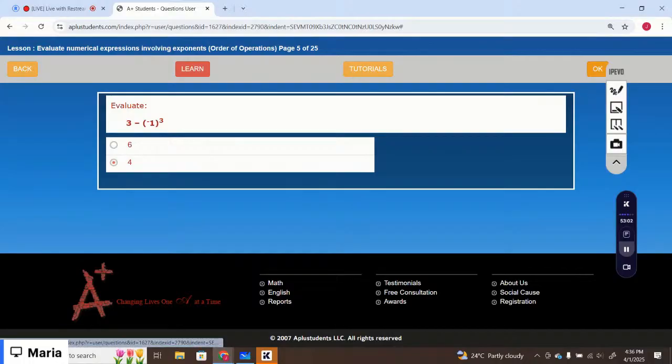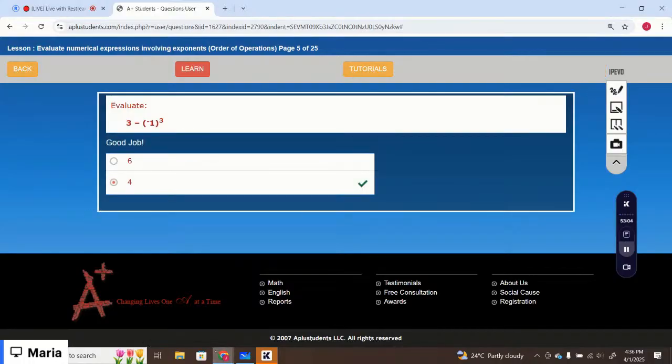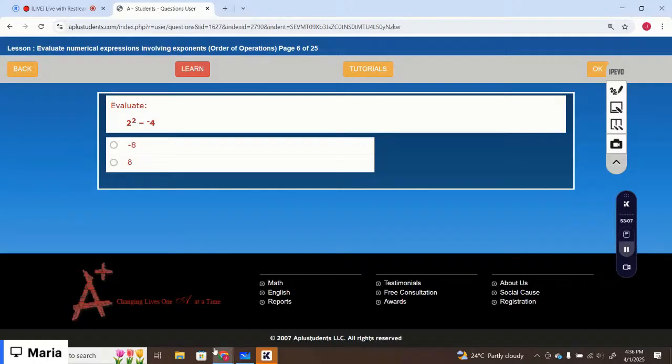The correct answer is 4. 2 squared minus negative 4, which is the correct option?